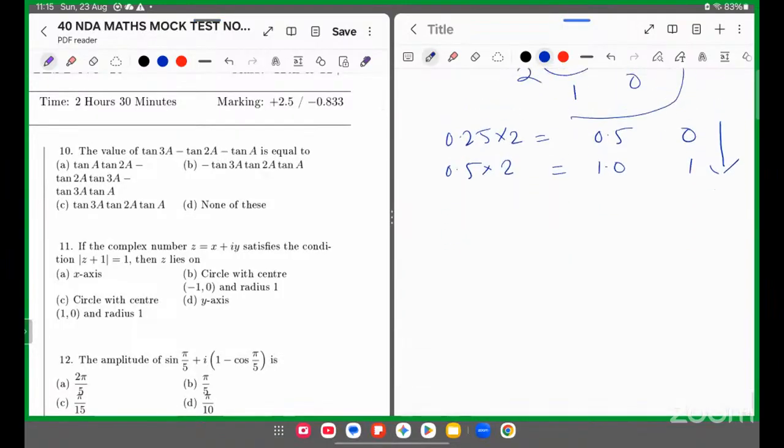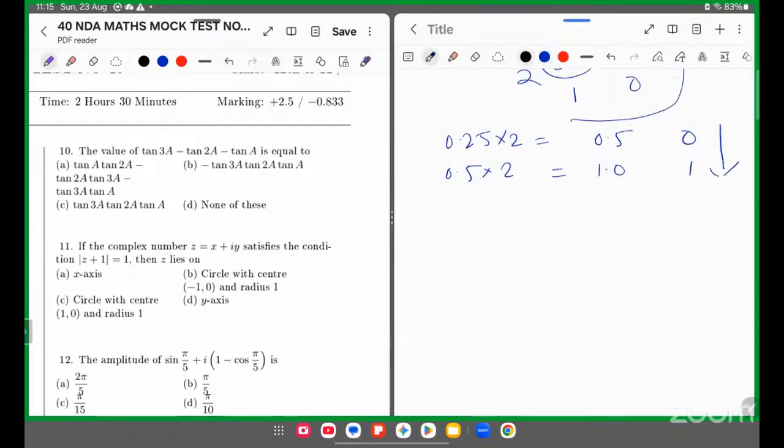The value of tan 3a minus tan 2a minus tan a. We know we can write tan 3a minus tan 2a minus tan a is always equal to tan 3a tan 2a tan a.